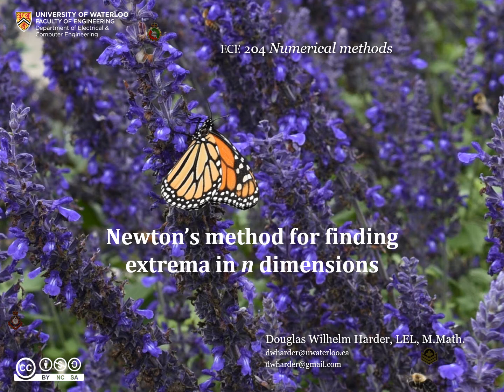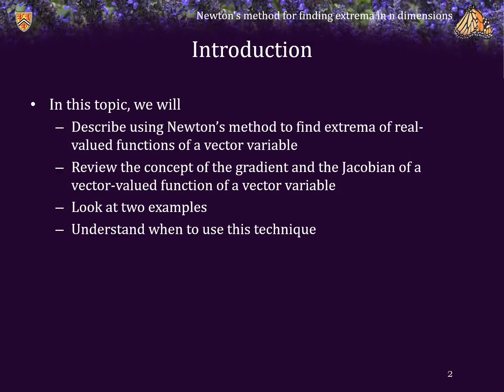We're going to discuss using Newton's method for finding extrema in n dimensions. So in this topic we will be describing how to use Newton's method to find extrema for real valued functions of a vector variable. We'll reintroduce the concept of the gradient and the idea of the Jacobian of a vector valued function of a vector variable.